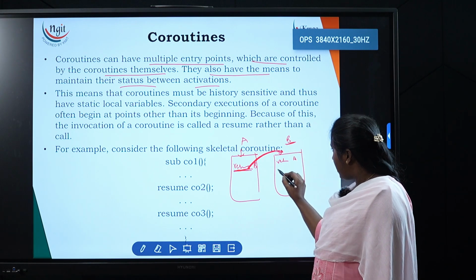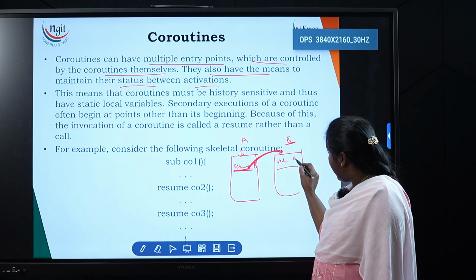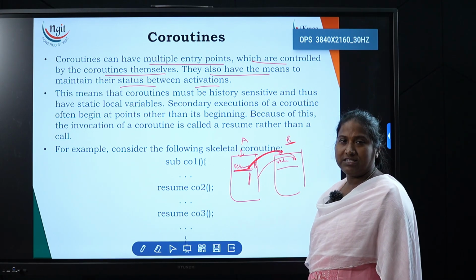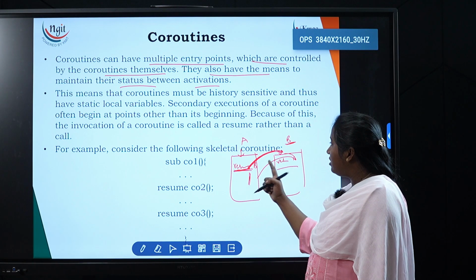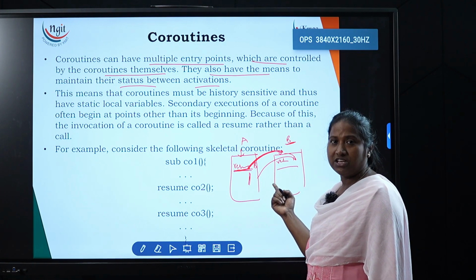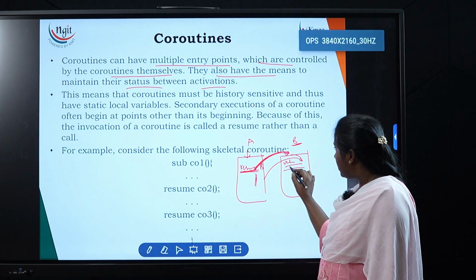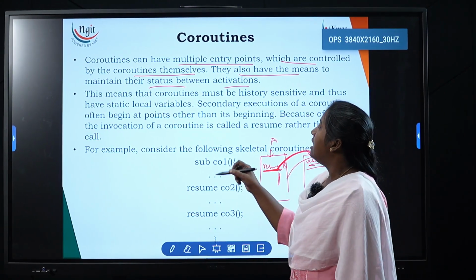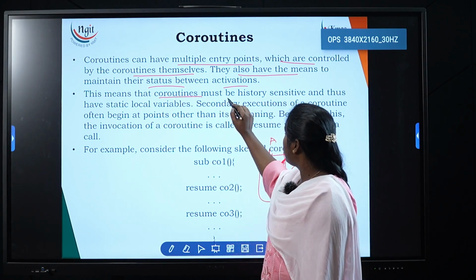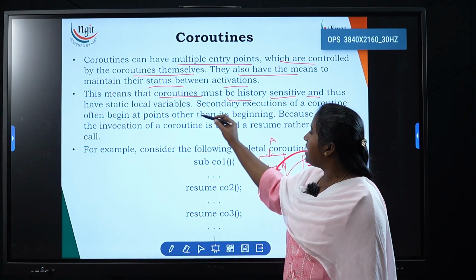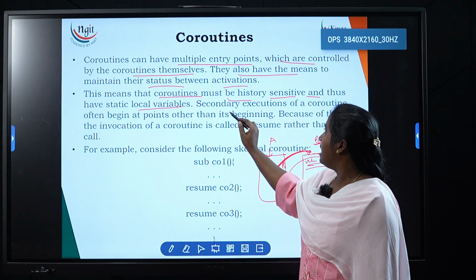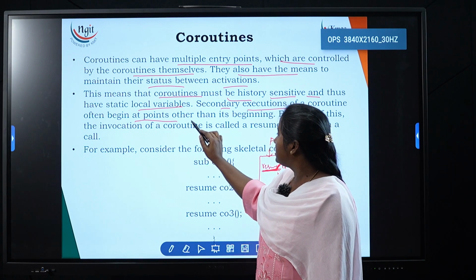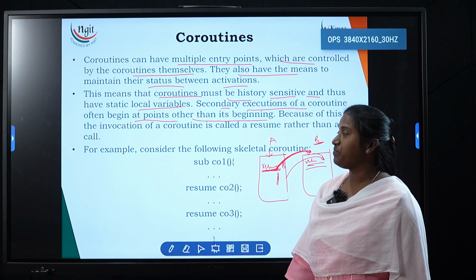In the B subprogram, there is resume A. Now we go back to A to resume the leftover operations. Yes, this is the justification for multiple entry points, and the activation of these coroutines happens by itself. Now this means that coroutines must be history sensitive and have static local variables. Secondly, executions of a coroutine often begin at points other than its beginning.